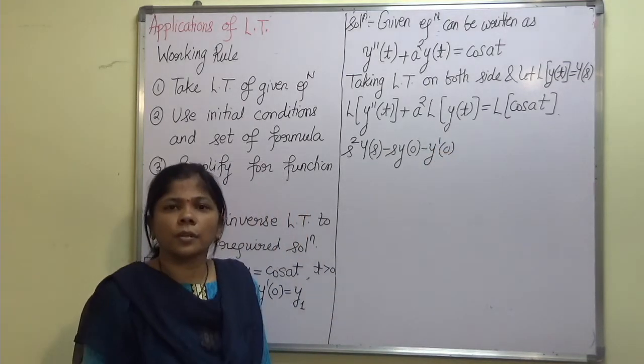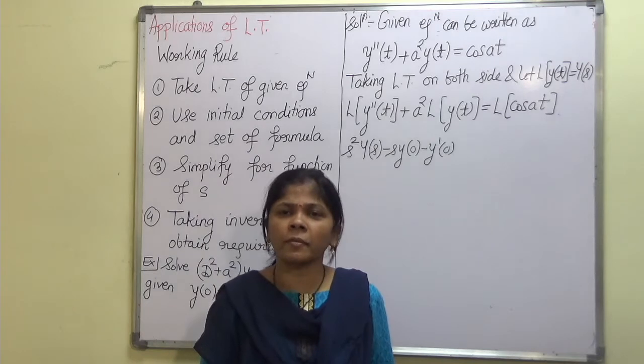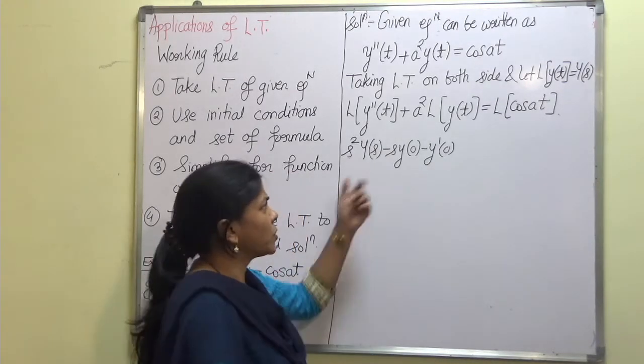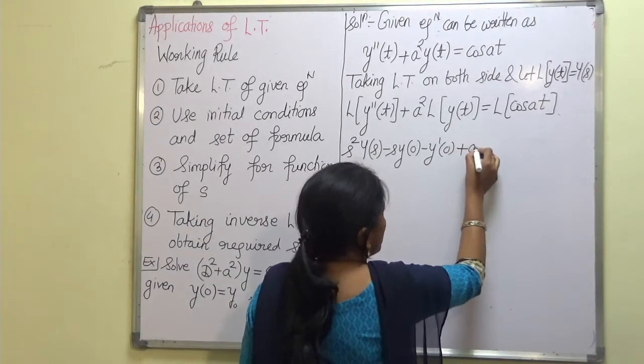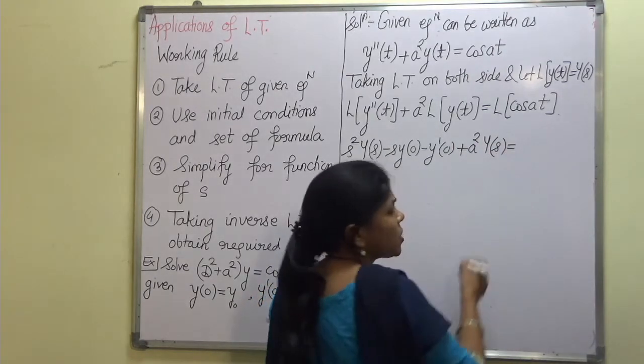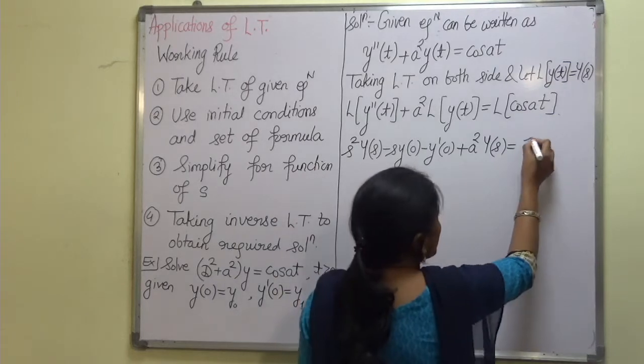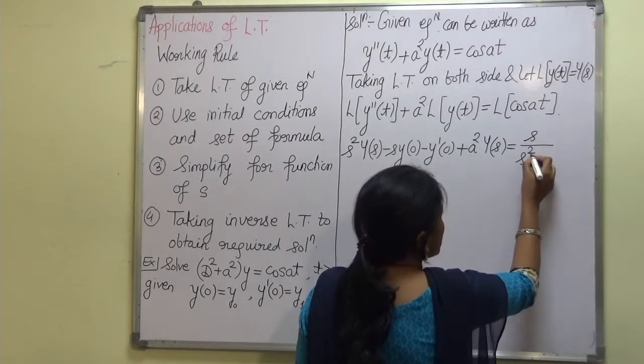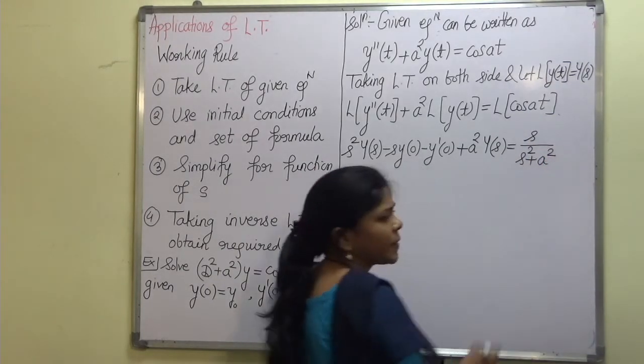You can go through the formula for Laplace transform of derivative. So you will find this plus a square Y of s is equal to, what is Laplace of cos at? It is s upon s square plus a square.